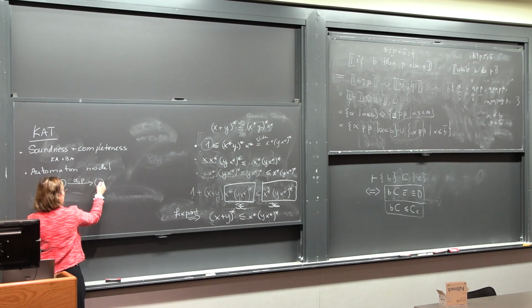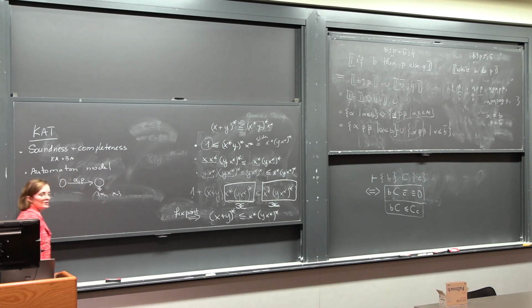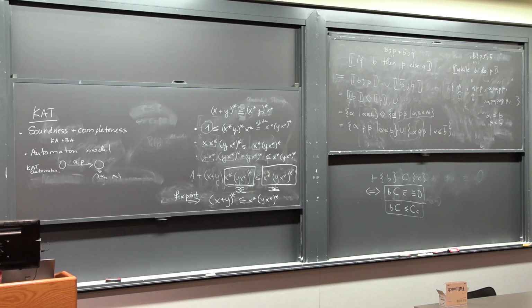And instead of having a final state, you have a final set of atoms that tells you what tests you can actually validate at the end of your program. So this is called a KAT automaton. And this whole automaton can be very efficiently represented as a BDD. And that's in Damien's paper, and in some other papers.